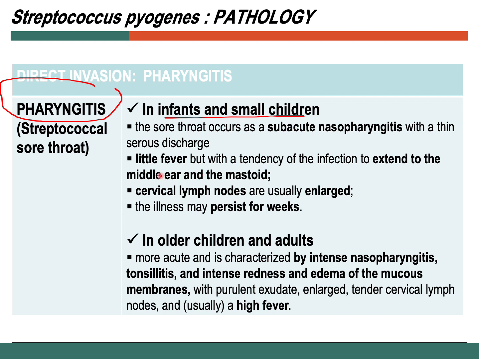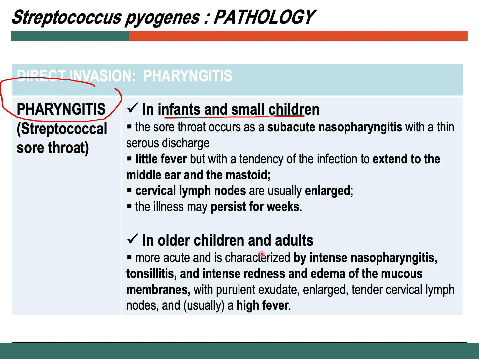The patient also experiences little fever but with a tendency of infection to extend to the middle ear and mastoid. Cervical lymph nodes are also enlarged and illness usually persists for a week. Okay? So pharyngitis is spread via air droplets or close contact.